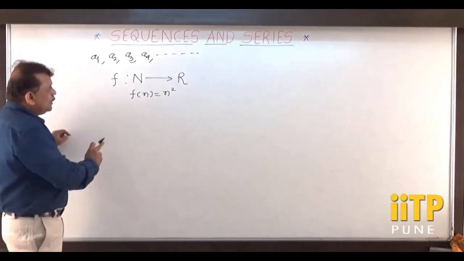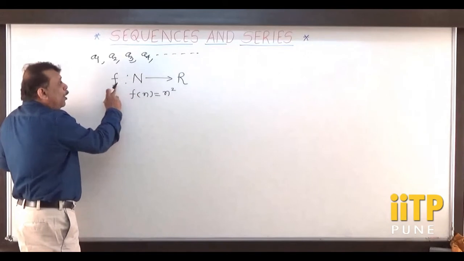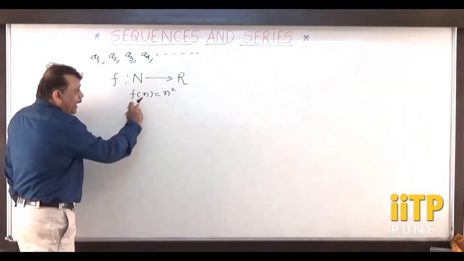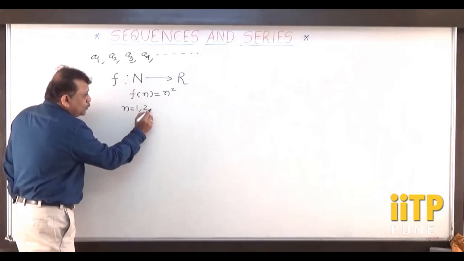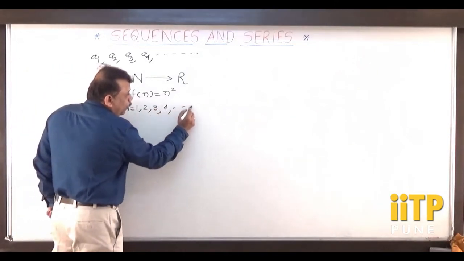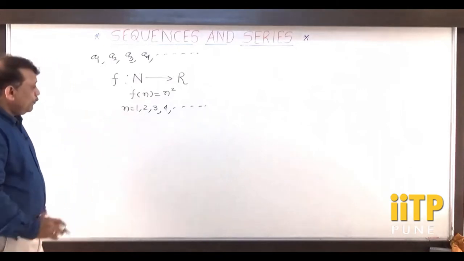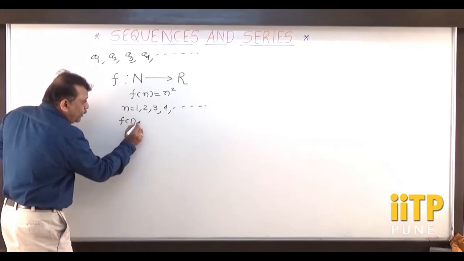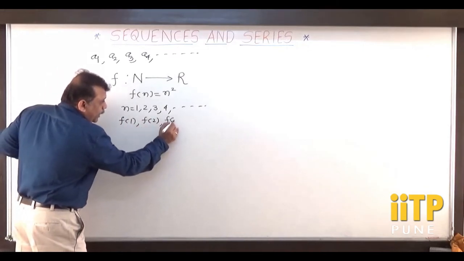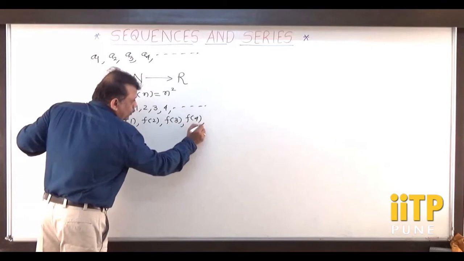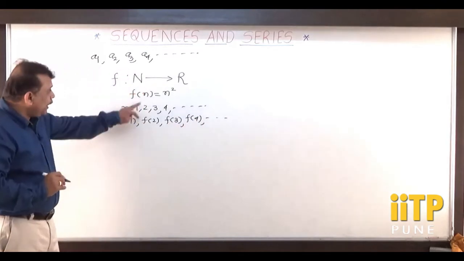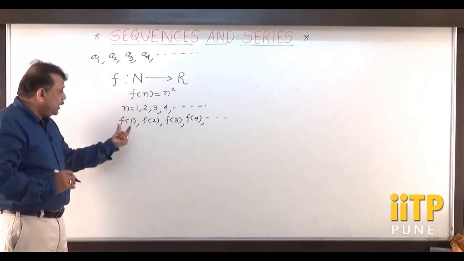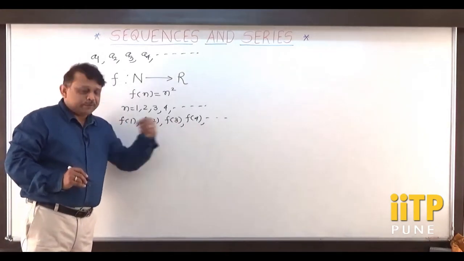Because the domain of this function is the set of natural numbers, the values of n would be 1, 2, 3, 4 onwards. If I find the values of the function, those are nothing but f of 1, f of 2, f of 3, f of 4.